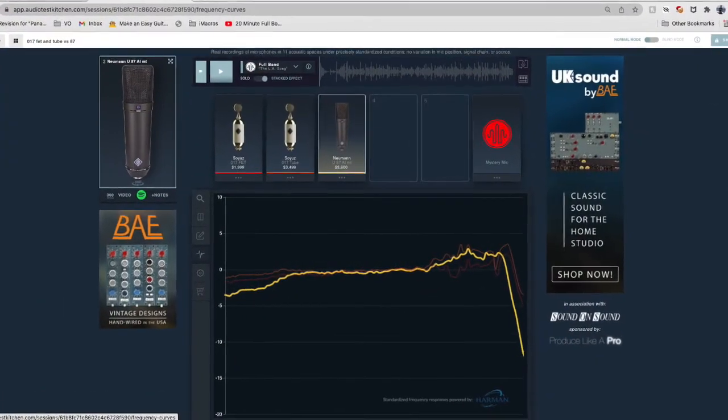Those are really loose comparisons, because overall you can't trust frequency response graphs posted by manufacturers, because they're massaged, sometimes not so gently either.